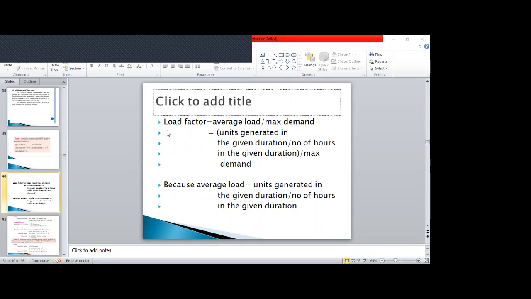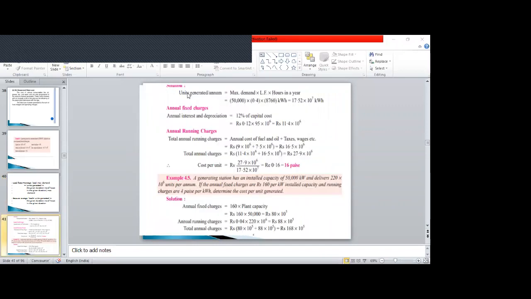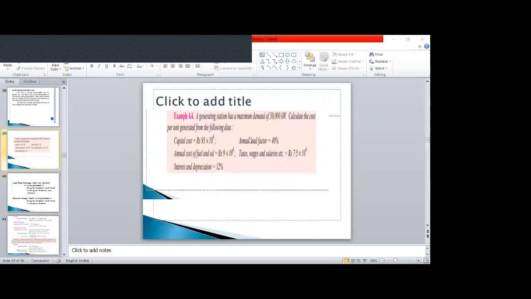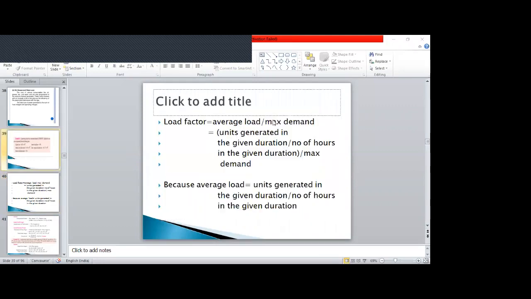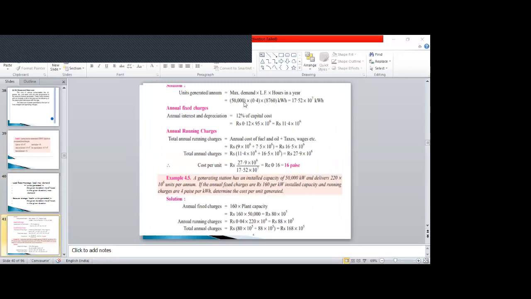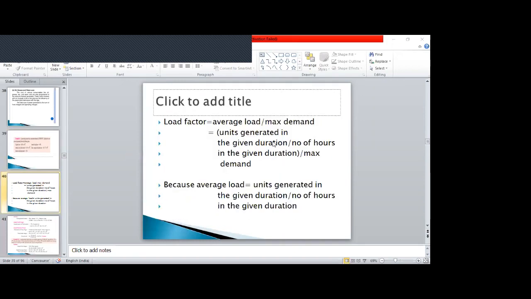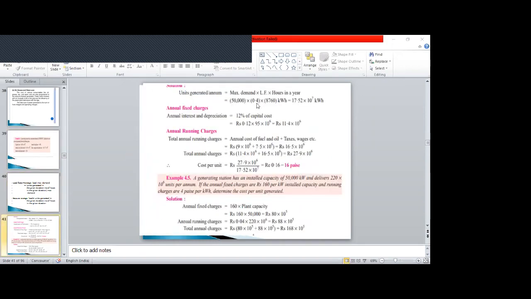Since load factor is equal to average load by maximum demand, our average load is equal to units generated in the given duration divided by number of hours. Same thing I have put here. So directly we can calculate units generated per annum, equal to maximum demand, which is specified as 50,000 kilowatts, into load factor, which is given as 40% or 0.4.